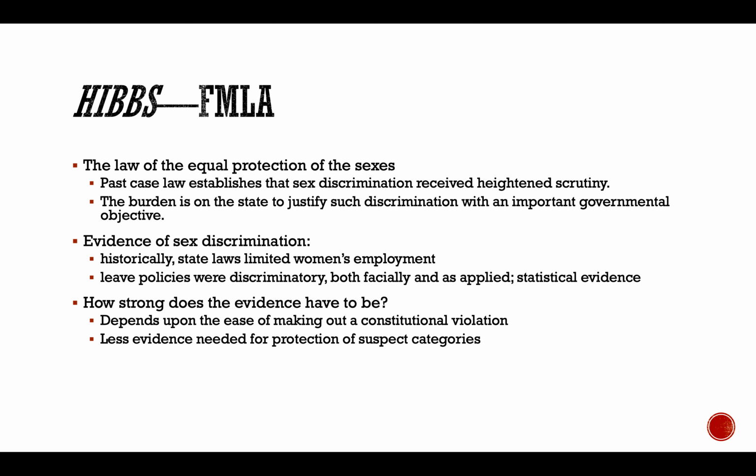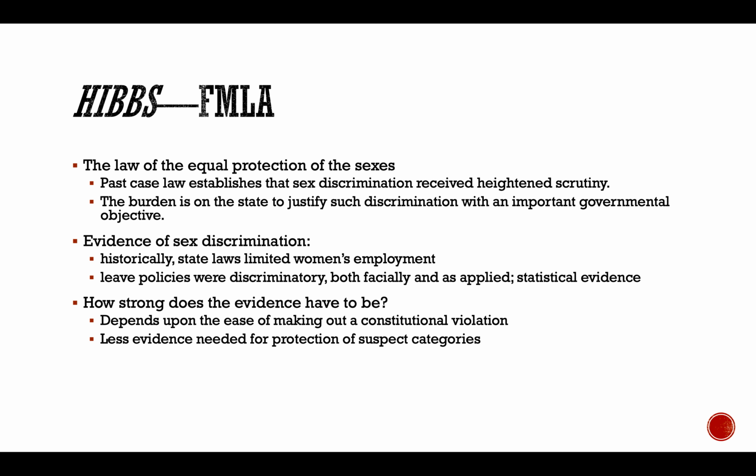What the court is saying here, what Justice Rehnquist is saying, is that the second set of evidence is far more suspicious than the first, because all we require of the first, of the refusal to hire the disabled, is a rational basis. It's just any old reason really whatsoever. It's going to be easy for a state to do that. But if there's evidence of sex-based discrimination or poor treatment of women at the hands of state employers, now any old reason is not going to do.